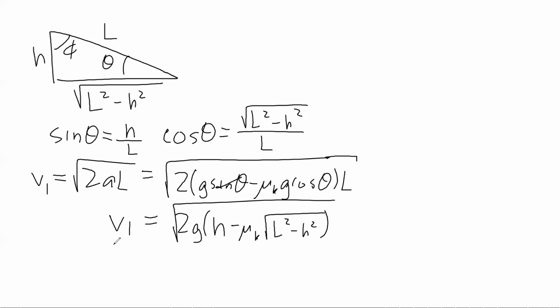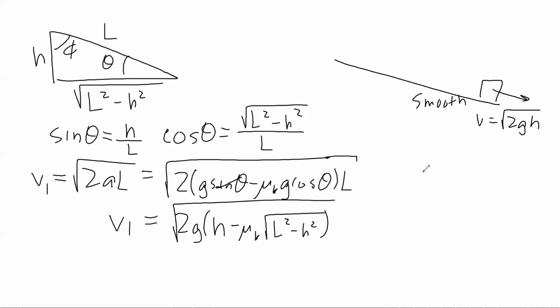Notice how if it was a smooth incline, then the final speed would be just square root 2gh. And so this makes sense because as the coefficient goes to 0, then obviously this second term in the parentheses goes to 0. What else? Let's look at some other limiting cases.